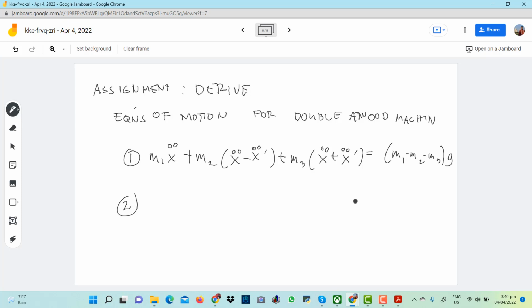Again, derive the Lagrangian, and what you will get is this equation of motion.